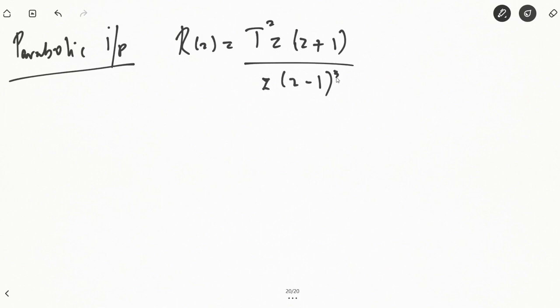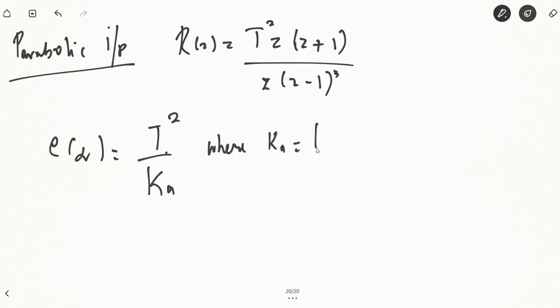And you substitute this, E infinity will be equal to T squared divided by Ka, where Ka will be equal to limit z tends to 1 (z minus 1) squared G(z). Fine. Where Ka is known as the acceleration error constant.